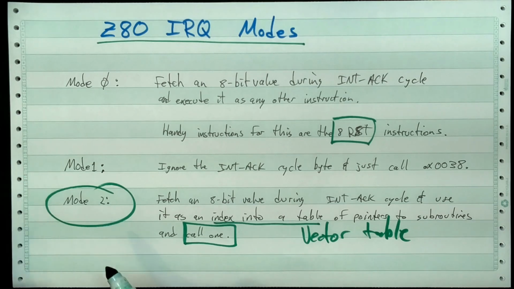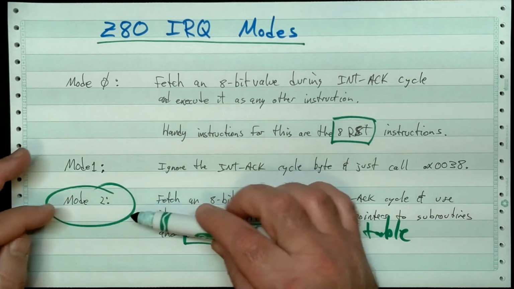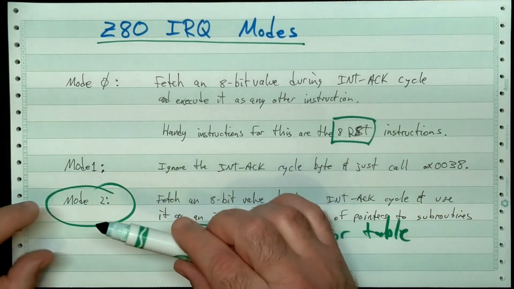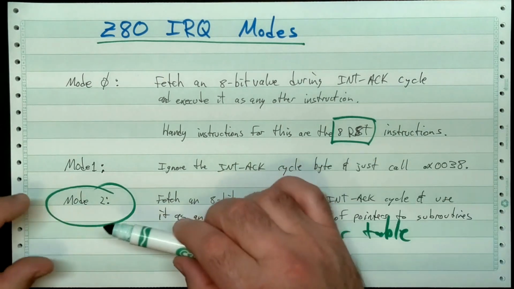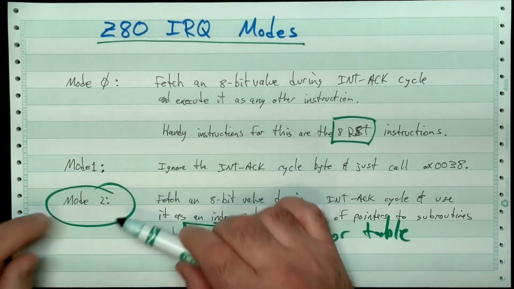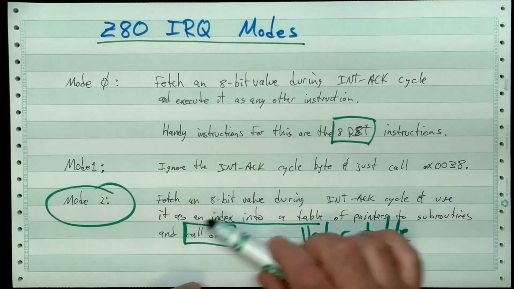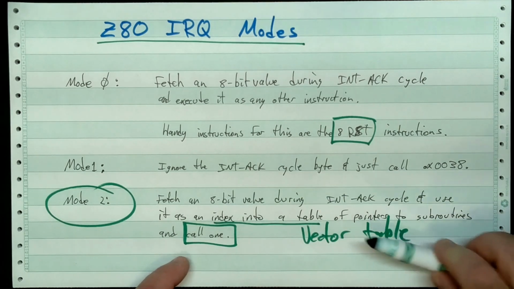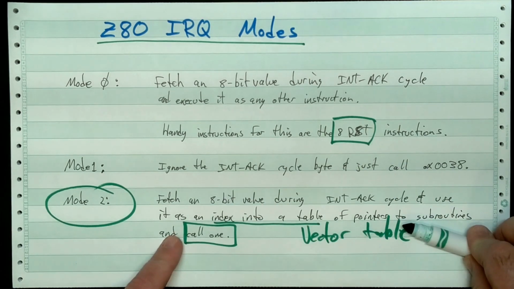Now we're going to use this mode because the Z80 peripherals, the CTC and the SIO, as well as others, are specifically designed to pair with the Z80 and operate in mode 2. In other words, they do all the fancy stuff necessary to make all this work, okay? This is what we're going to look at. This is what we're going to do here.